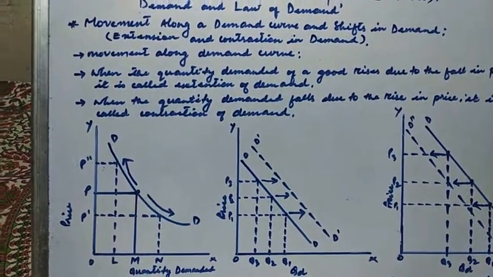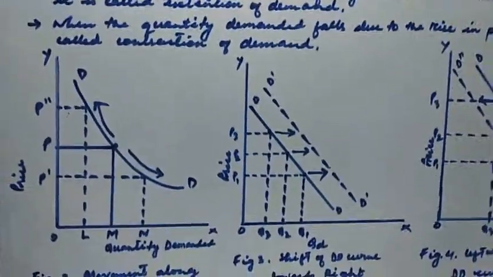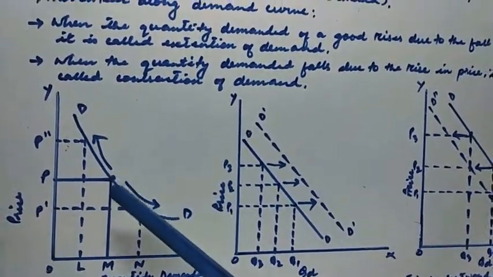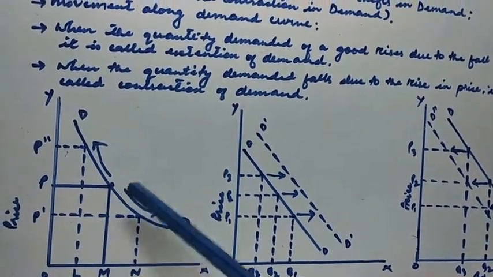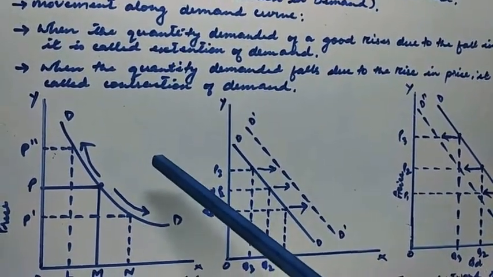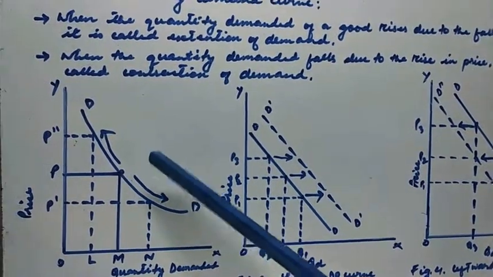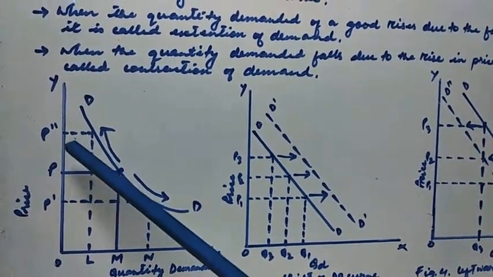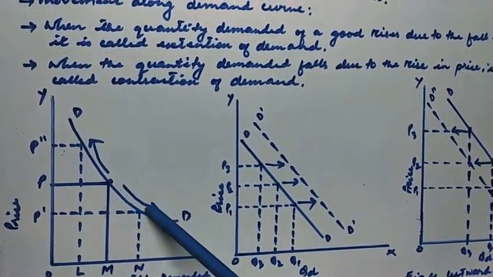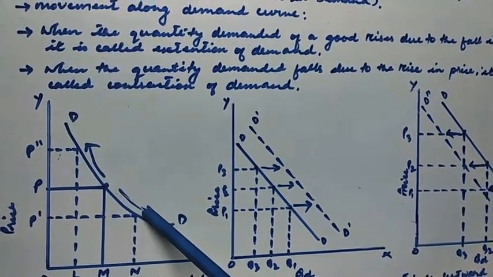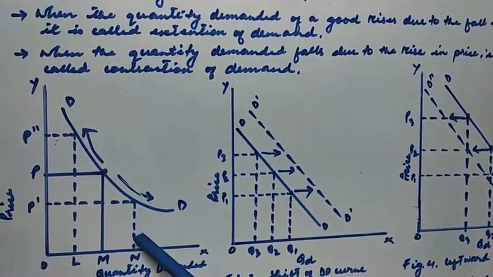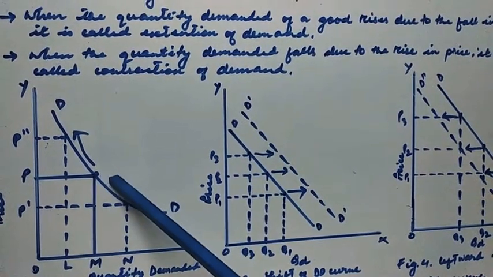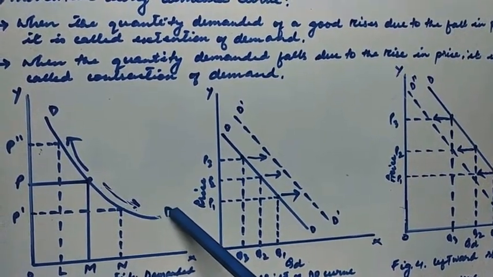Movement along the demand curve would mean that due to changes in price, a consumer will change the quantity demanded for that commodity. If the price falls, then the quantity demanded will also increase, which means you are moving downwards along the demand curve.